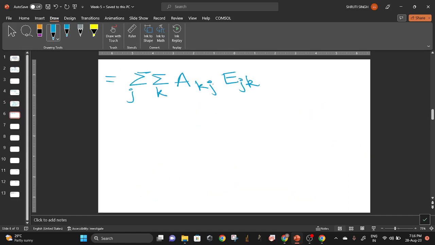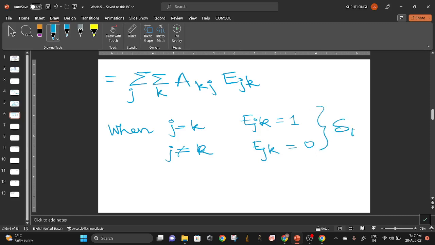So now, even if you multiply or don't multiply, there are two options here when these two are the same. When j equals k, this is the definition of the identity matrix.